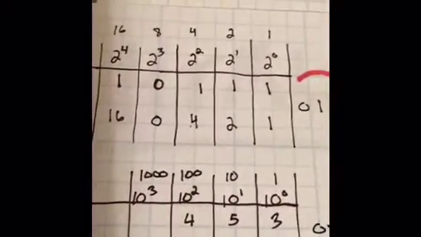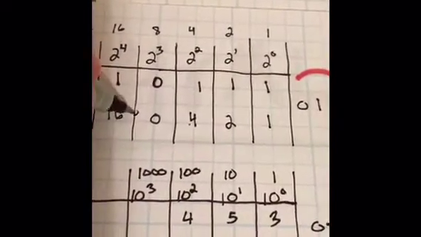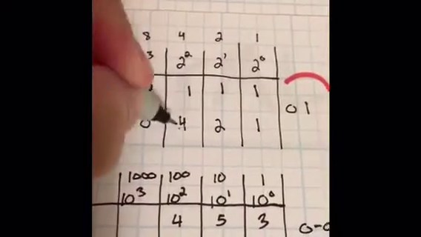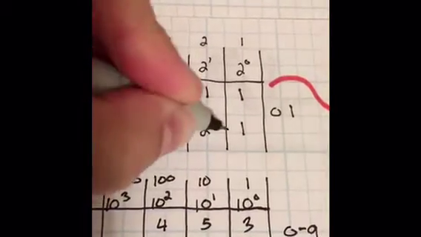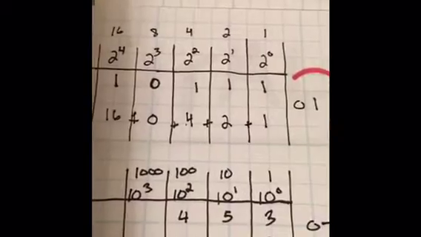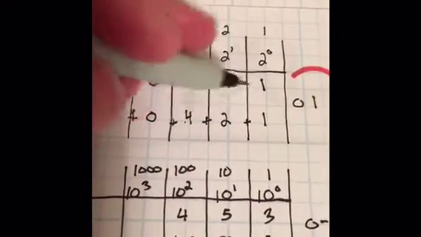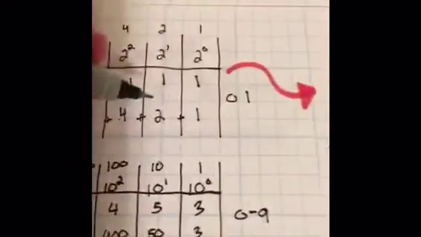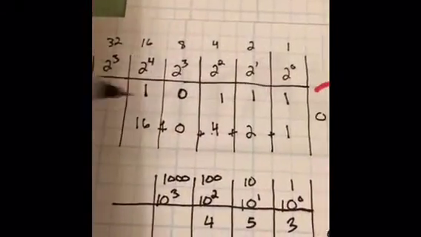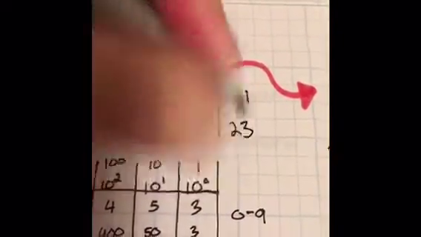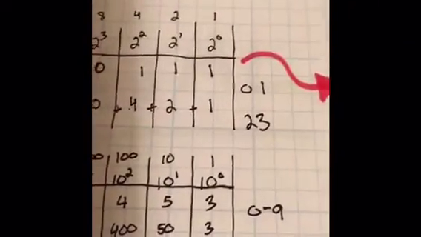So this number in binary, if I add all these up, 16 plus 0 plus 4 plus 2 plus 1, would tell me what the number is. So 16 plus 4 is 20, plus 2 is 22, plus 1 is 23. So 1 0 1 1 1 is the equivalent to 23.